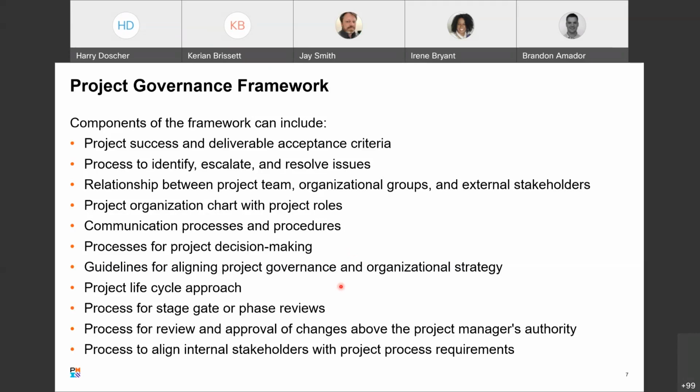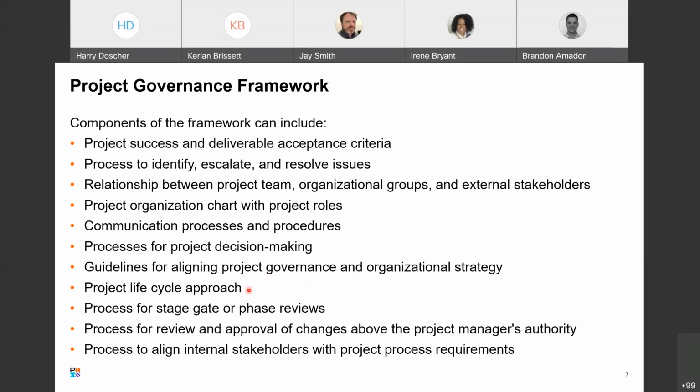It's really any documentation that's available on how to make sure that your governance for your project is compatible with any other team that has project governance that you have to interface with, and make sure that what you're doing here fits into what the overall organizational strategy is. You don't want to be doing anything that's counter to what the organization has said needs to be done.